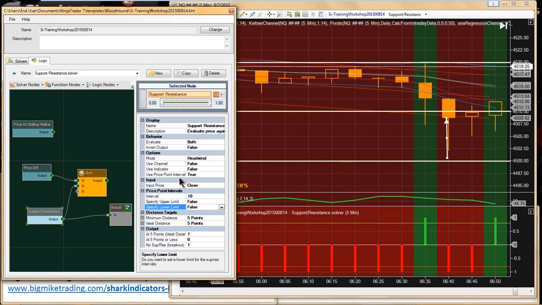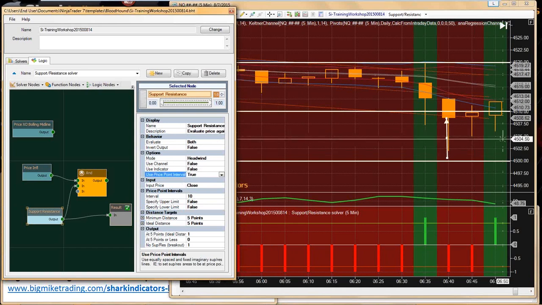So this is probably one of the lesser used features of this, but there are some trading styles out there where some people use round whole numbers as natural support and resistance lines. You'll hear on the news that the Dow was reaching 18,000.